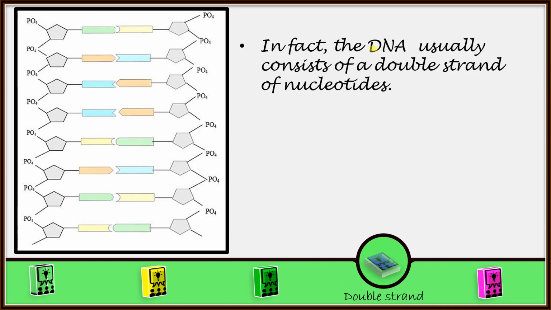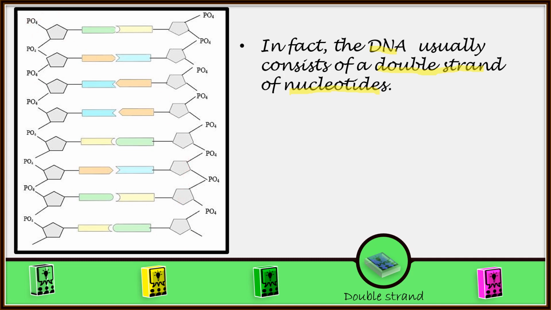In fact, DNA consists of a double strand of nucleotides. So here we can see there is this strand of nucleotides, and then there is another strand of nucleotides this time. So DNA is made up of double strand.